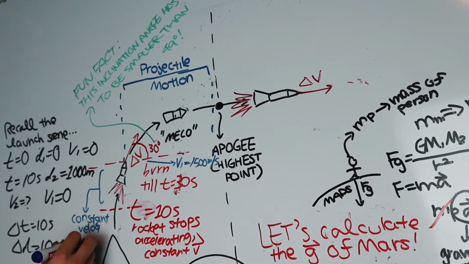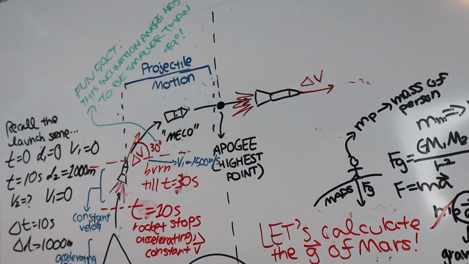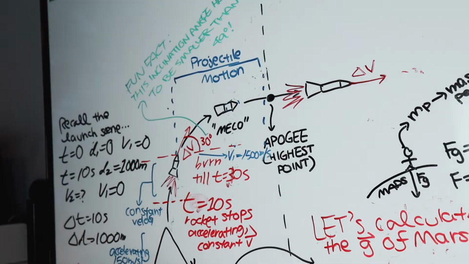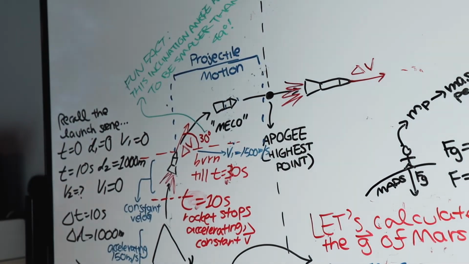And throughout this process, it's accelerating by 150 meters per second squared. Yeah. So here we got every value that is needed, and V1 equals 1500 meters per second.